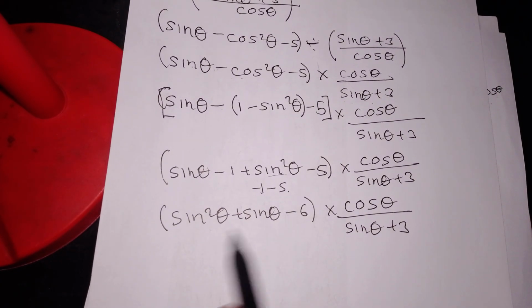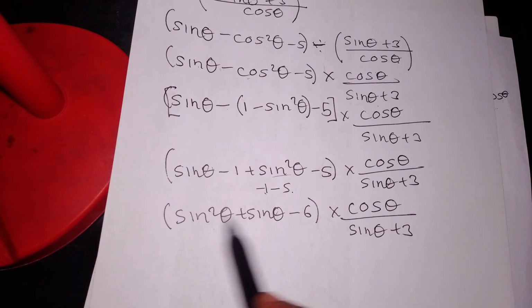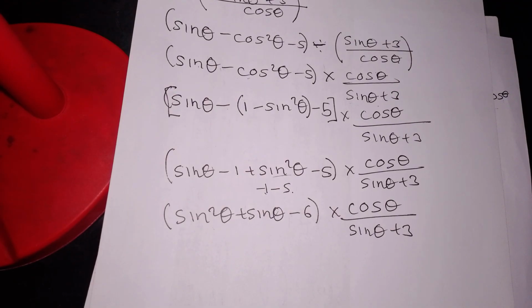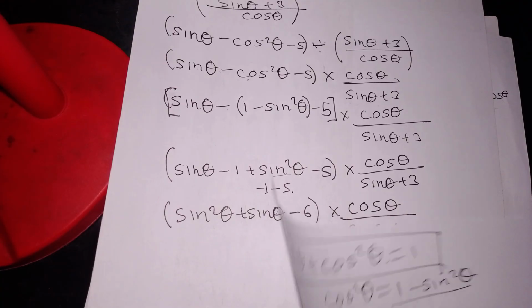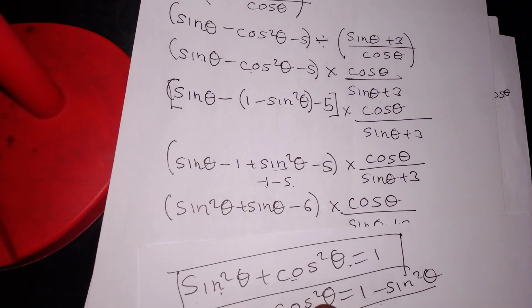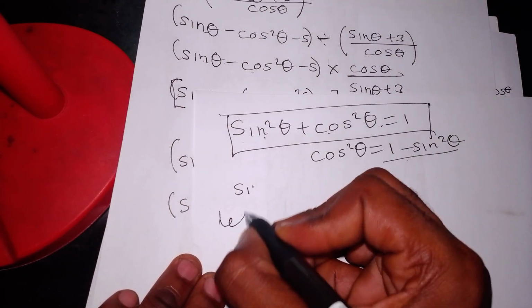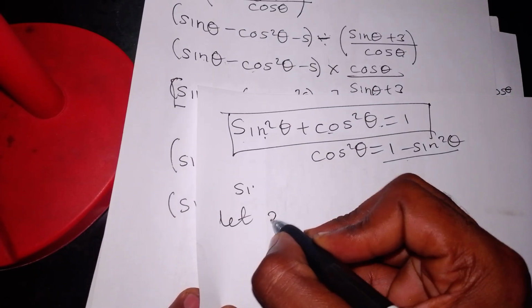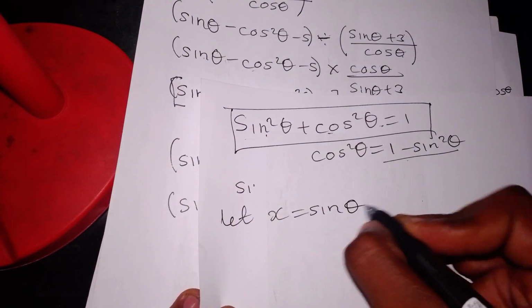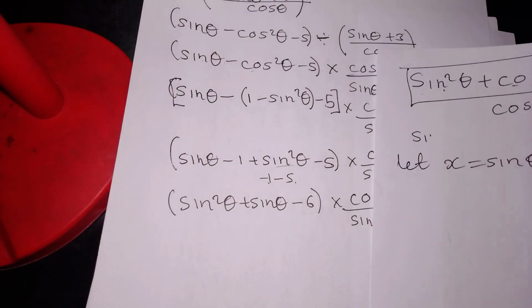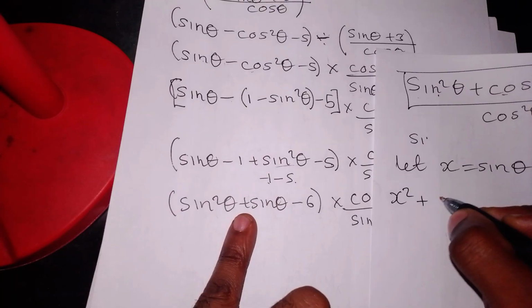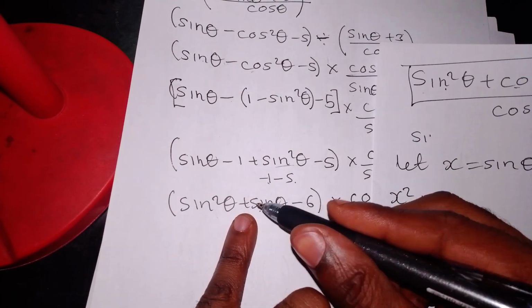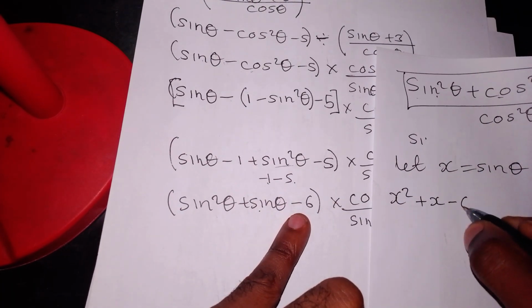So to factorize this, of course you can factorize it using sine as it is, but to avoid confusions, you can just say let's say x be sine theta, so that your quadratic expression is x squared plus x, so I'm replacing the sine with an x, and then -6.